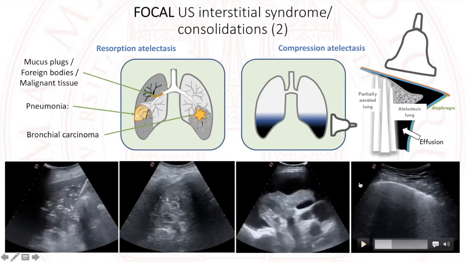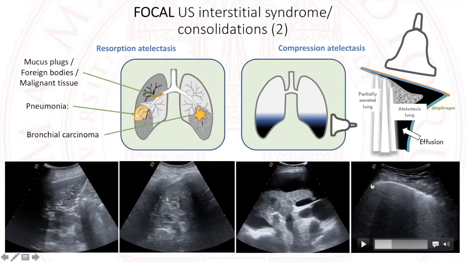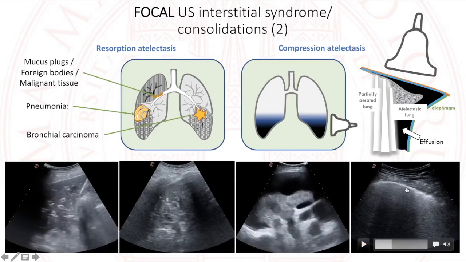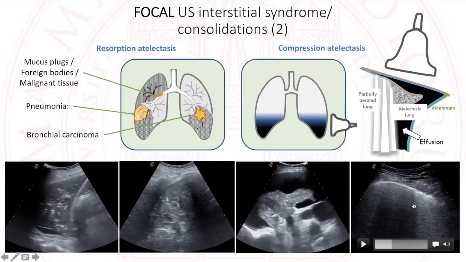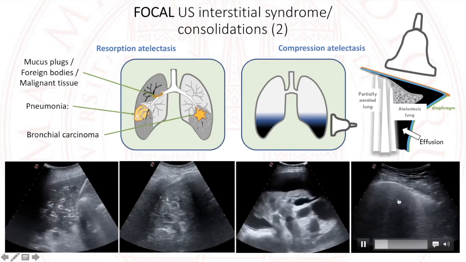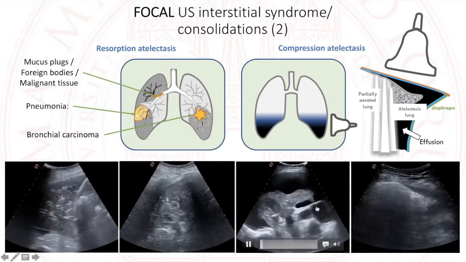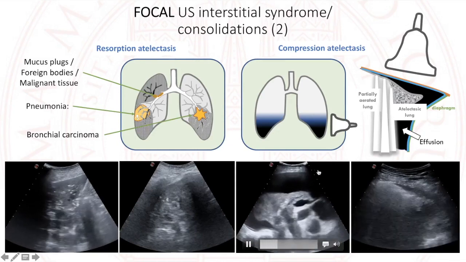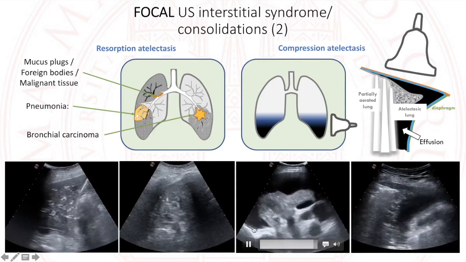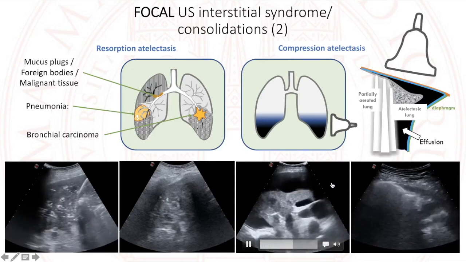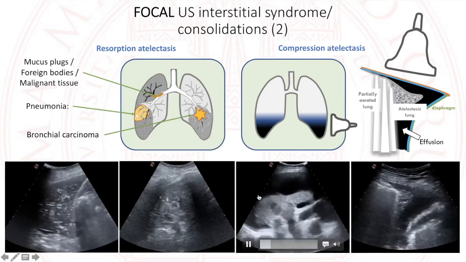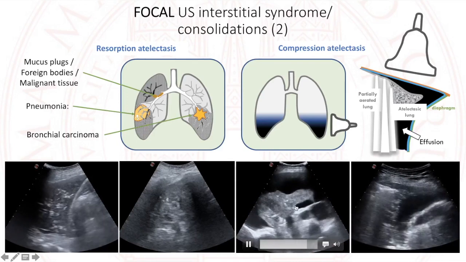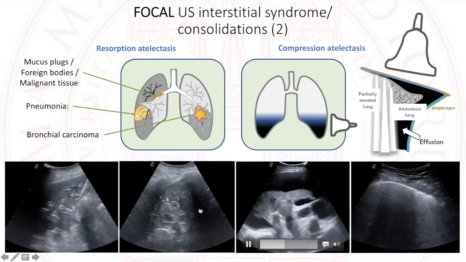We go from normal pleura towards interstitial syndromes with many B lines, and then the consolidated lung. This is an extreme example of hydrothorax, a complete fluid effusion of the whole hemithorax, with the lung which is totally collapsed towards the hilum.